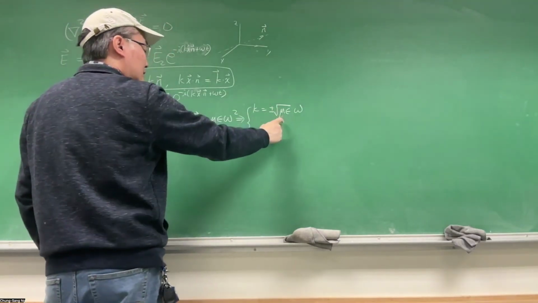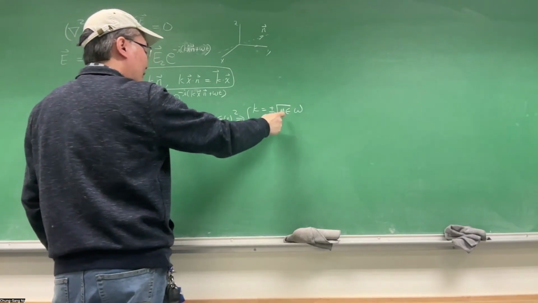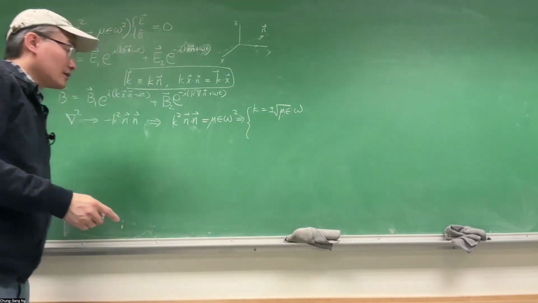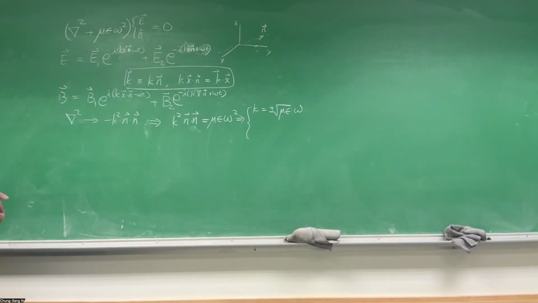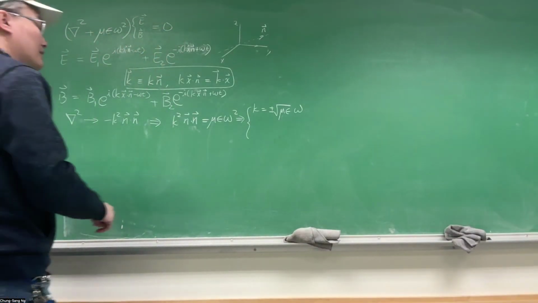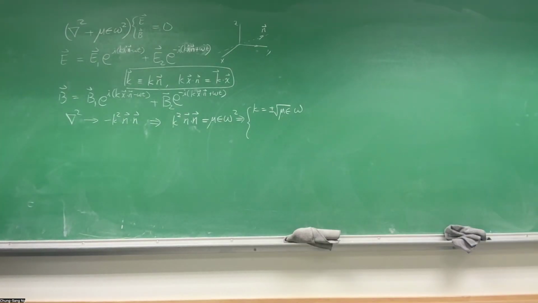If this factor depends on omega itself, frequency or wave number, whatever you have, so it's not a constant, then we call that a dispersive wave. Later I will work on the group velocity for the dispersive wave.